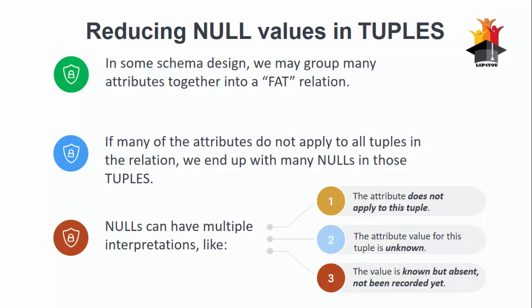Instead, we will give null values. So null values can have multiple interpretations, like the attribute does not apply to this tuple, or the attribute value for this tuple is unknown, or the value is known but absent or not been recorded yet.